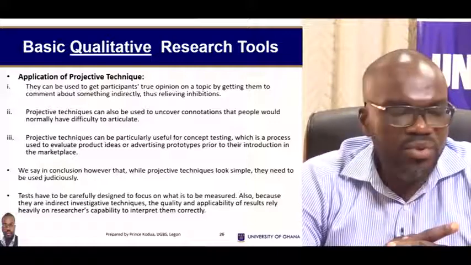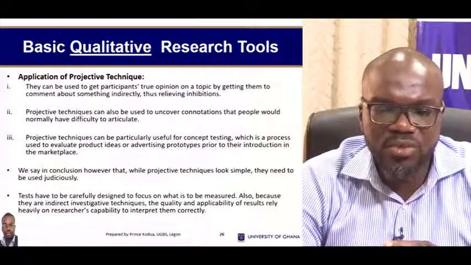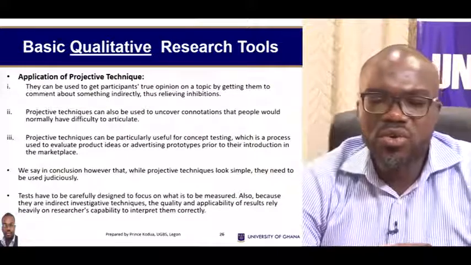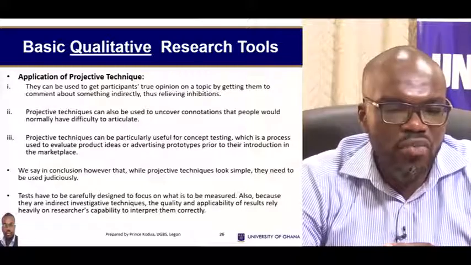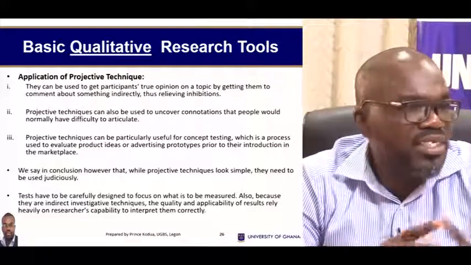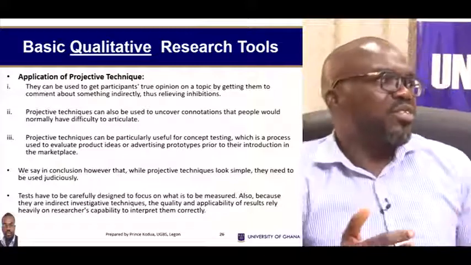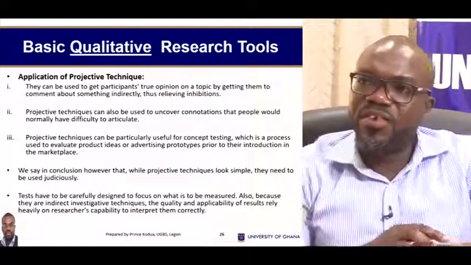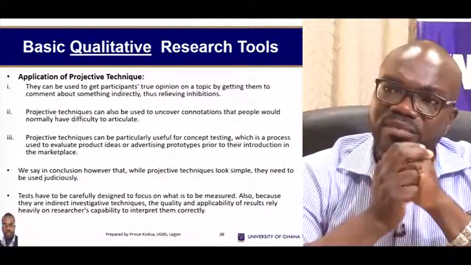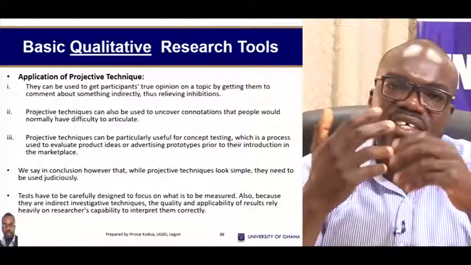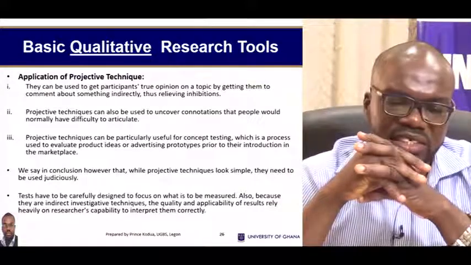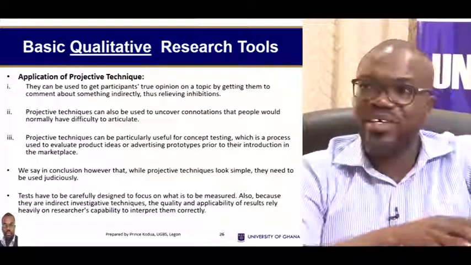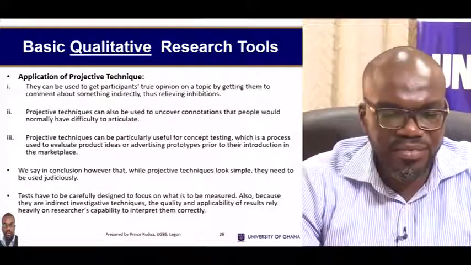Second, projective techniques can also be used to uncover connotations that people will normally have difficulty articulating. There are certain connotations with regards to the marketplace. It will be difficult for the participants to articulate, but once the questioning is indirect, some of these connotations can be spilled out freely.